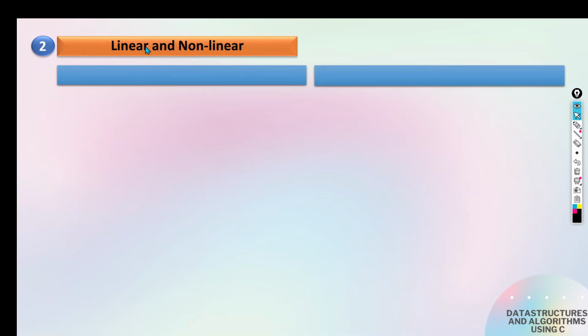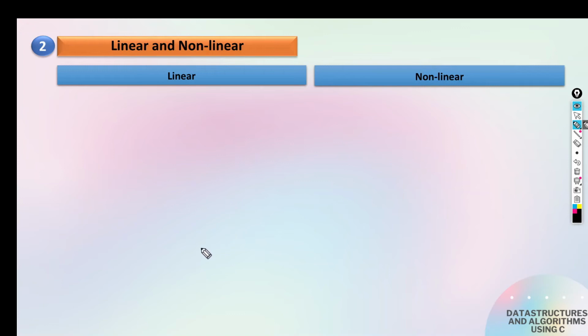Now this classification is not based on who is providing it, whether the language or the programmer. This is based on the organization in memory, how they are kept in memory. The first is linear and the second is non-linear. Linear, as the name suggests, means all the data elements are organized in a sequential way, one after another.